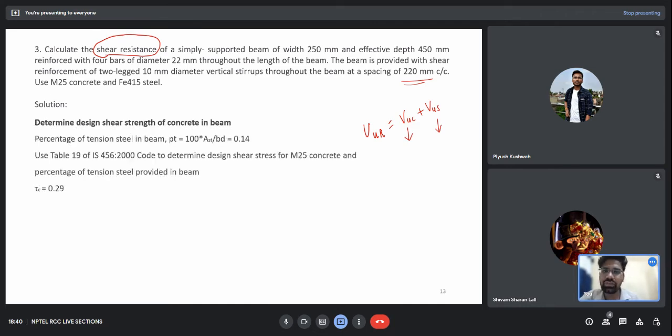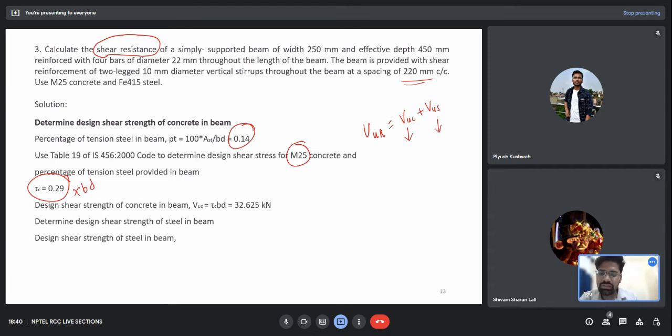For Vuc, I need the percentage of steel, and I know the concrete grade and Fy 415. From that I get tau c. I will multiply tau c by bd and I will get Vuc. Now based upon the shear reinforcement, I will find Vus. I know fy.